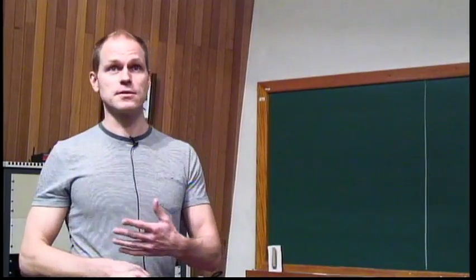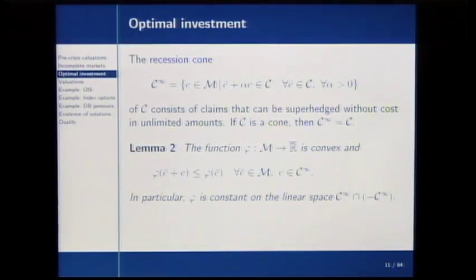So that's why you don't see recession cones in books in financial mathematics, because they almost always assume conical models. These only come up in non-conical models. But you really do need them if you want to extend the classical arbitrage pricing bounds to the non-conical case.